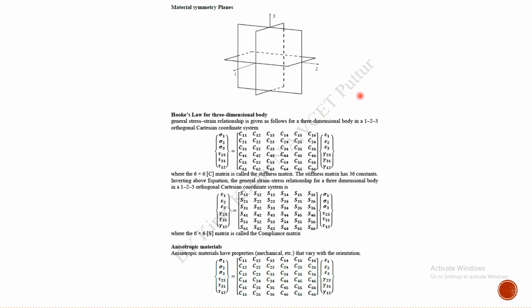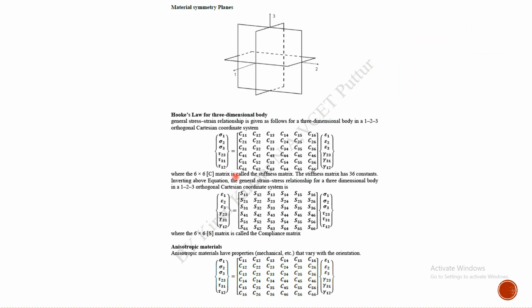Let us look into these things in terms of stresses and strains. Let us apply Hooke's law for a three-dimensional body. Till now you have seen Hooke's law for a one-dimensional body, that is sigma is equal to E into epsilon. If I take a three-dimensional body like this, then obviously we have six stress components: sigma 1, sigma 2, sigma 3, that is the normal stresses, and tau 23, tau 31, and tau 12, or else you can simply represent them by sigma also.